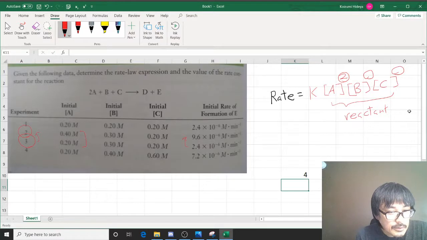Okay. What about B? There are some conditions where only B changed. So let's think about that one.